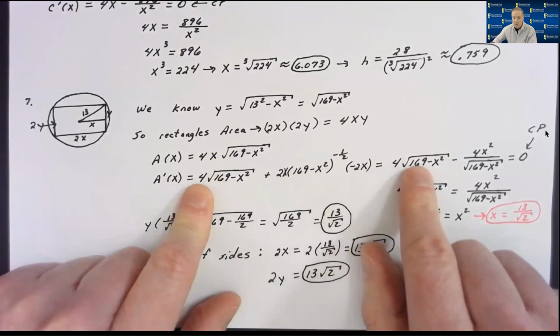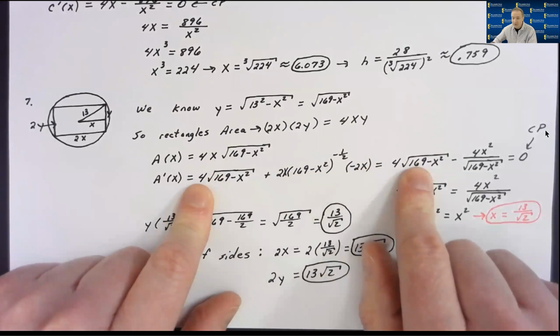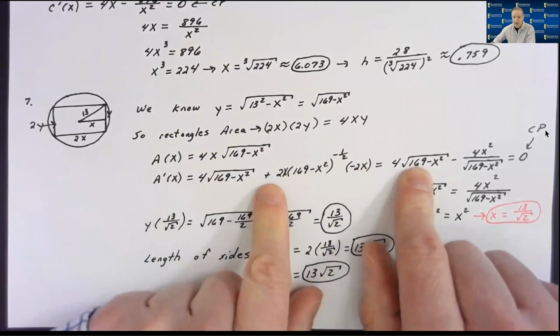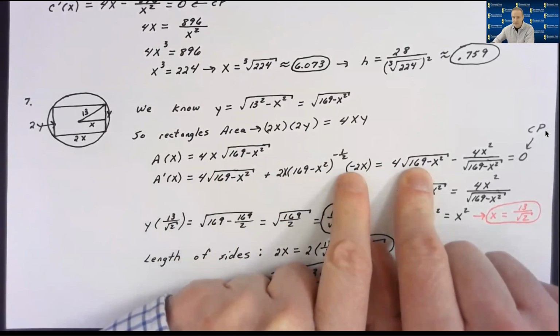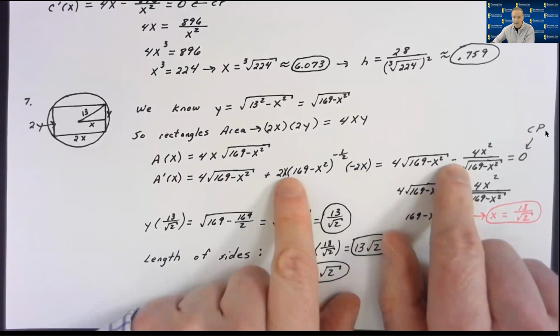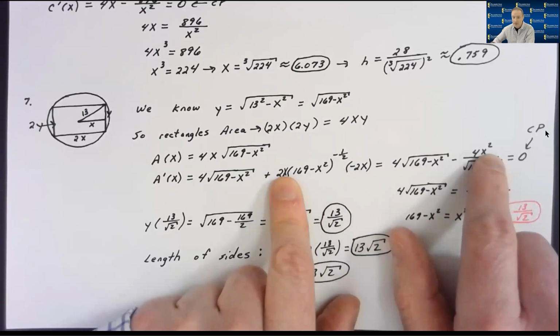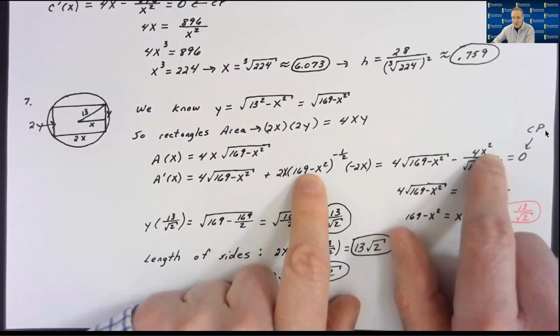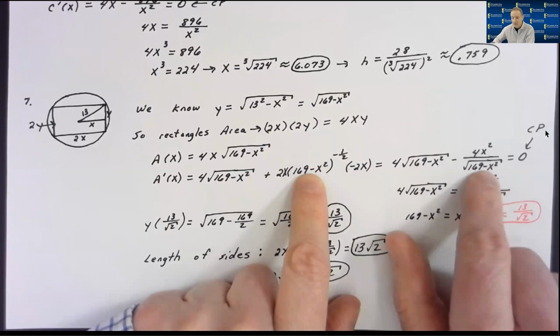So I just rewrote my first term. I simplified my second term. I know I'm going to have a positive, but it's part of a term that has a negative in a product. So it's going to be plus a minus. So I just went ahead and said minus, and I'll have 2x times 2x is 4x squared. And then this becomes the square root of 169 minus x squared in your denominator.